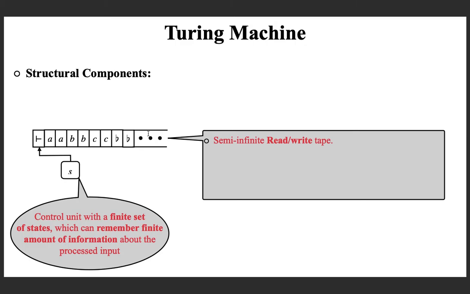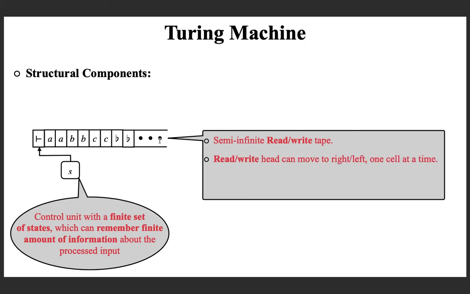This is the structural component which makes this machine the most powerful machine. Why is it semi-infinite? Because it is not infinite to both the left and right. The left end is bounded. The left end is marked here as the end of the tape with a left hand marker. And to the right, you can go all the way, with no limit.